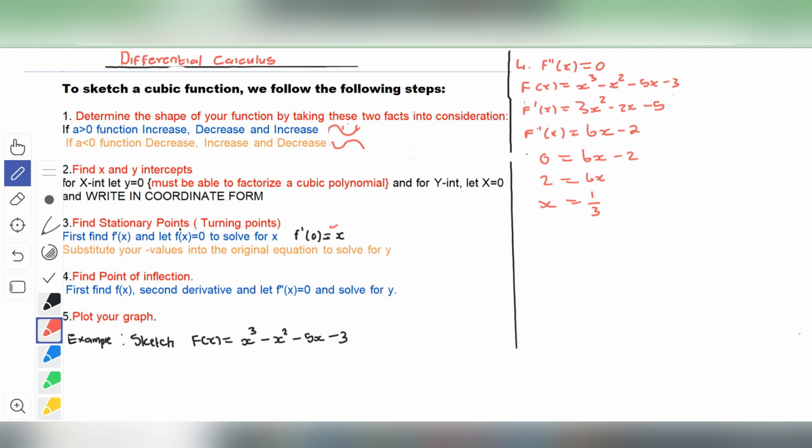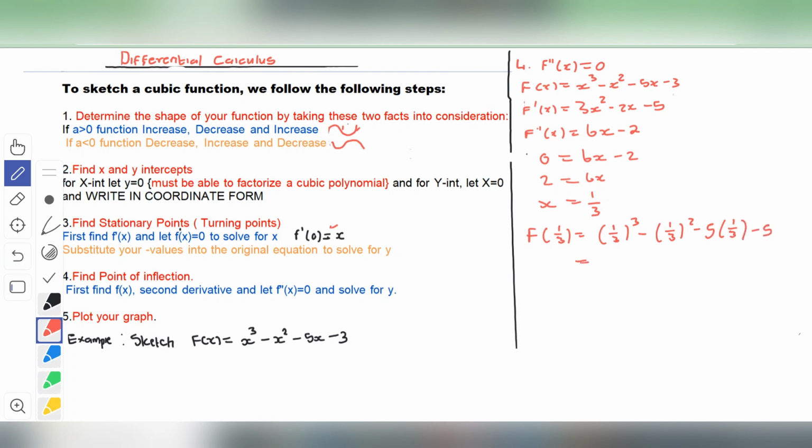After finding the point of inflection, you can find the y value of the point of inflection, meaning you're going to substitute it into the original equation. So we are going to have 1 over 3 cubed minus 1 over 3 squared minus 5 into 1 over 3 minus 5, right?